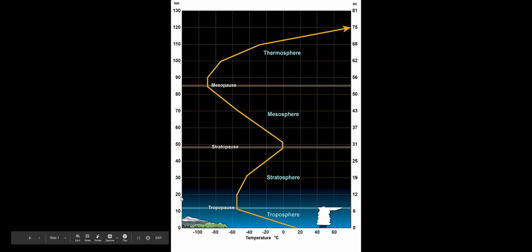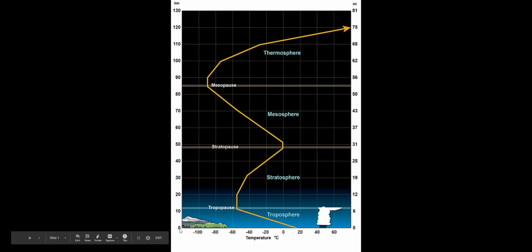So if you see here, there's 10, 20, 30, 40, all the way up to 130 kilometers. Down here is 0. There's no title on this graph, but if I were to put a title on this graph, maybe I would say distance above 0, which in this case is representing sea level.